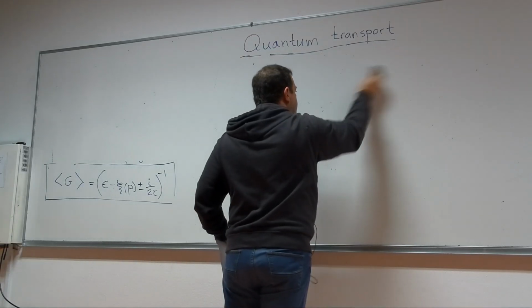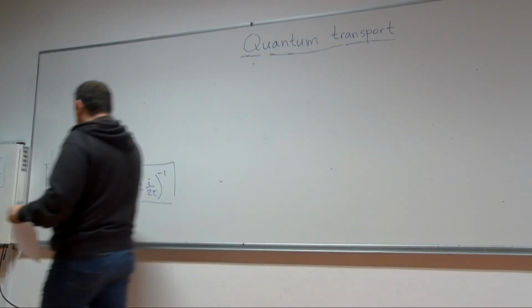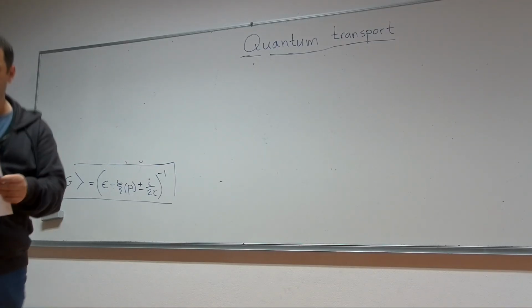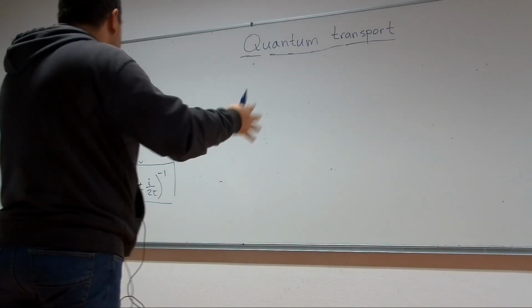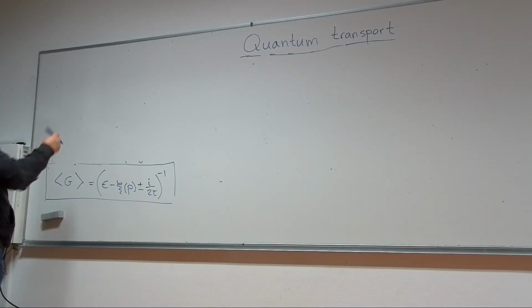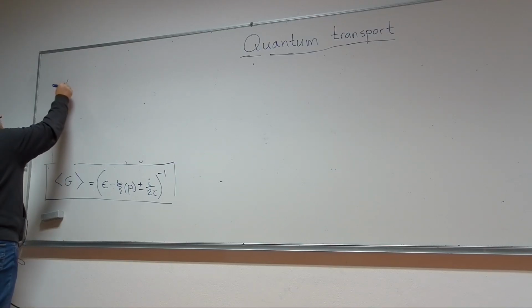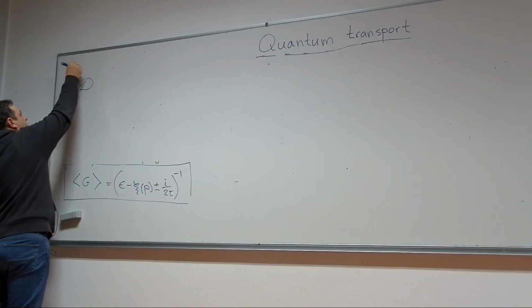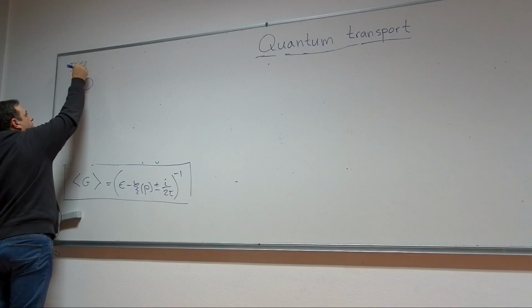The diffusion equation, or better to say the diffusion propagator, the diffuson, was a classical propagator of a classical diffusion equation, and actually it can be calculated quantum mechanically as well.